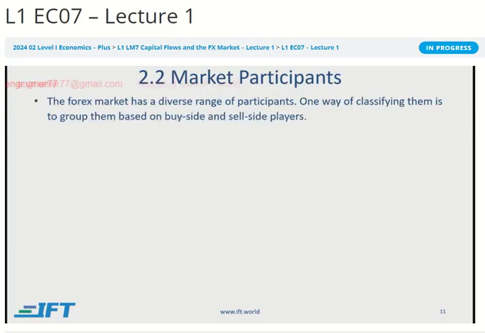Okay, let's now move on and talk about who are the participants in this massive foreign exchange market of approximately $6 to $7 trillion per day. It's huge. So who are these people, and how can we segregate them in terms of buy side and sell side?